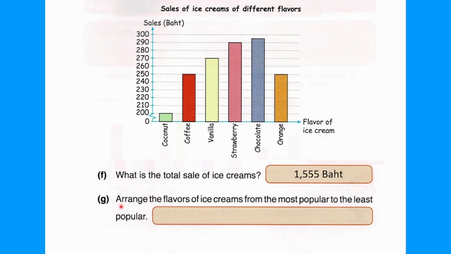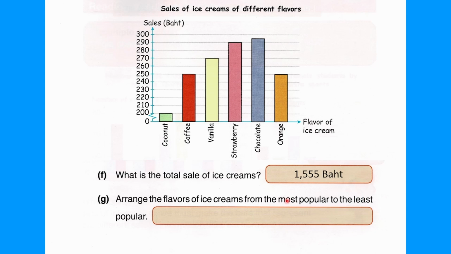G. Arrange the flavors of ice creams from the most popular to the least popular. Okay, so you know what most means, and you know what least means.